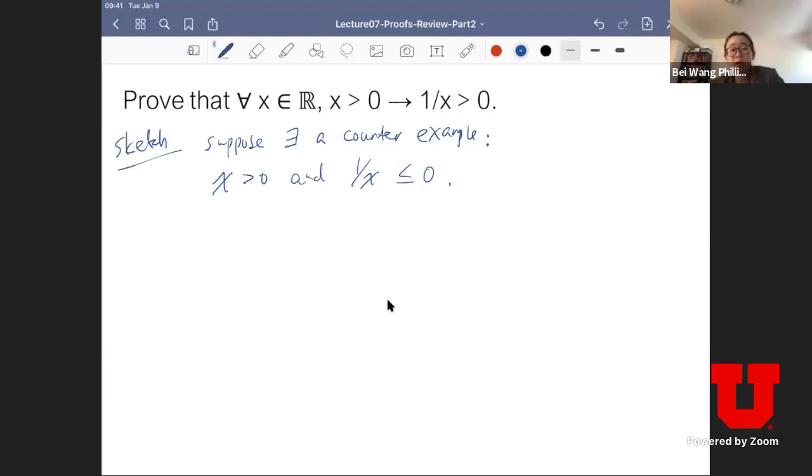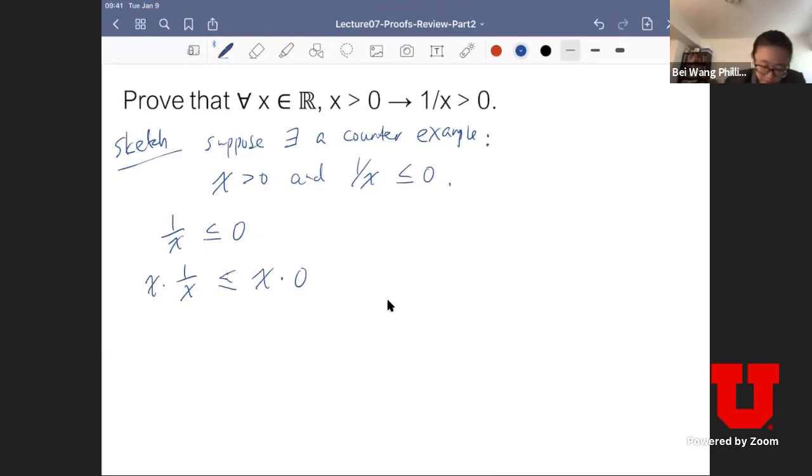All right, so let's assume the counterexample does exist. Then we have x bigger than 0, but 1 over x smaller than or equal to 0. Because x is bigger than 0, I can multiply both sides by x. So I have x times 1 over x smaller than or equal to x times 0, because when you multiply a positive number on both sides of an inequality, the direction of the inequality does not change.